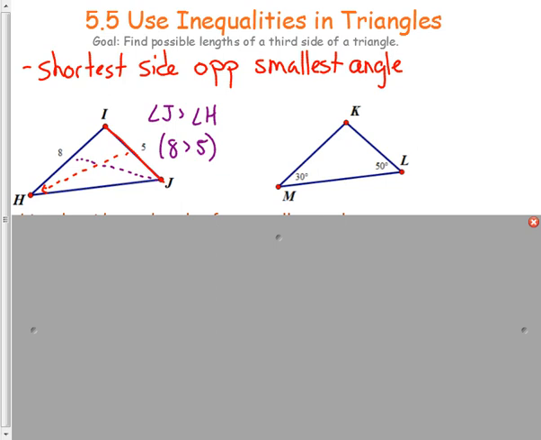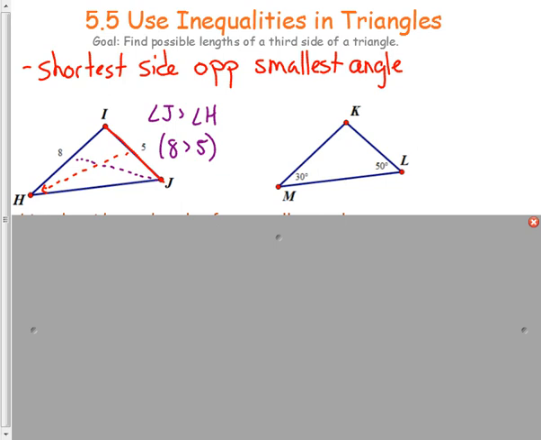My suggestion to you, always write the larger angle first so that you do not confuse the less than sign with the angle symbol. It's happened before. So when looking at this triangle on the right, we are given the angles. Same thing, which side is going to be longer?